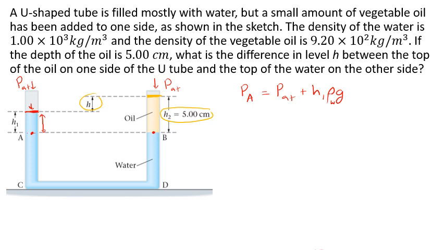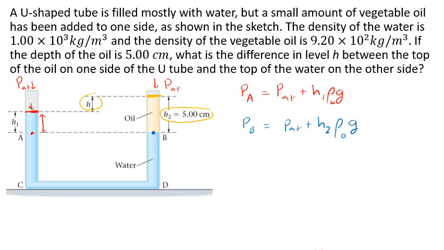In the same way, I can write the pressure at point B. The pressure at point B equals the atmospheric pressure plus the height of the oil column, that means H2 rho, and in this case rho is the density of oil, so I will put rho O, multiplied by G. So rho O refers to the density of oil and rho W refers to the density of water.